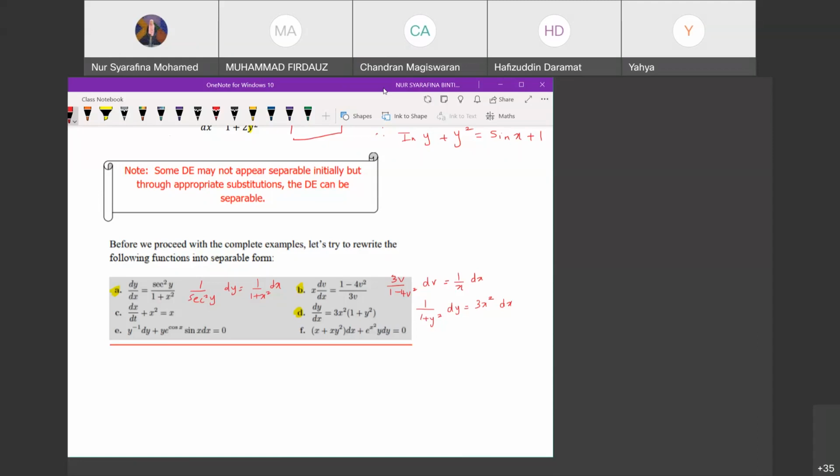But if you have addition and subtraction, you should accumulate the variable first, and then separate. Okay, now let's try to solve the non-separable equation, but with some substitution it can be separated.